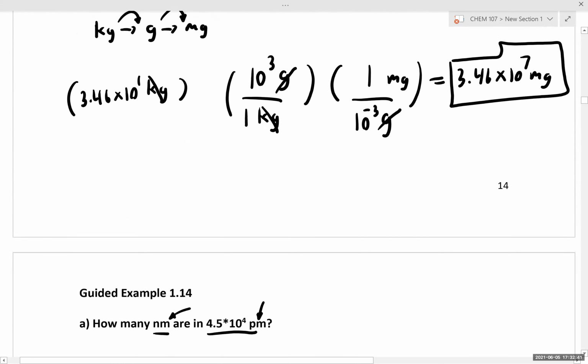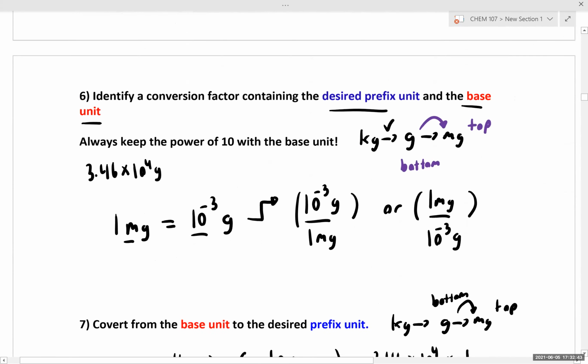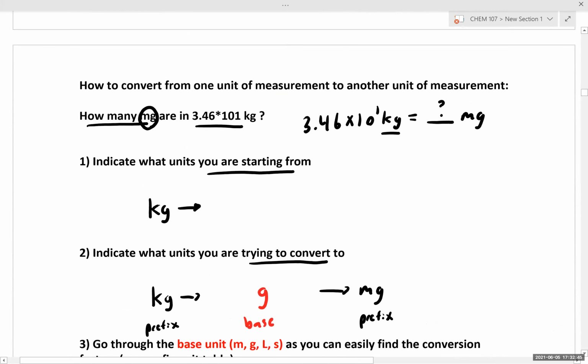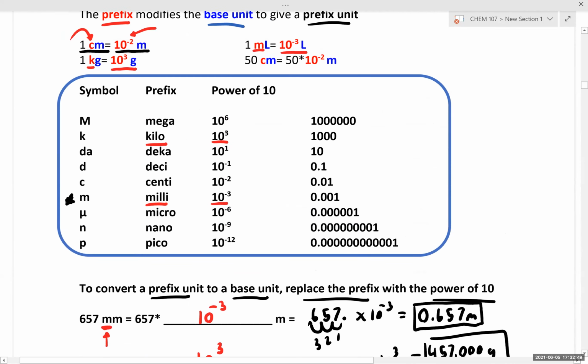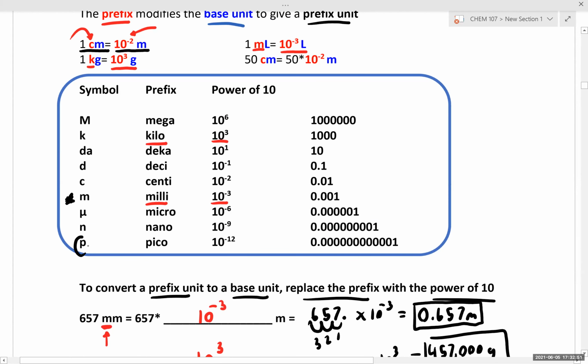Let me just check that. And just to show you where to check that, if we go all the way up to the metric prefix table, I found the pico prefix corresponds to 10 to the negative 12th.